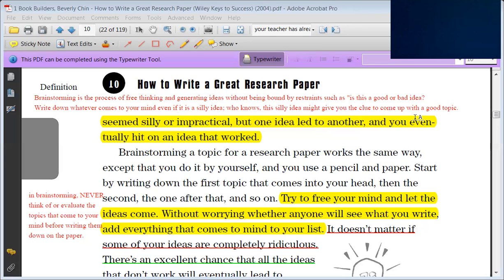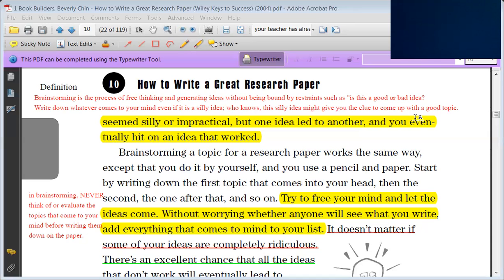So, as I've told you before, whatever comes into your mind, just mention that thing or this or that idea or topic on the paper. Do not think about it. Don't say that, oh, this is a very silly topic, I'm not going to include it in my list.